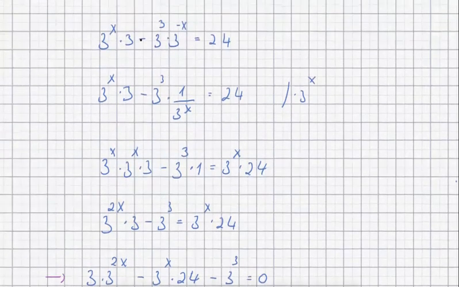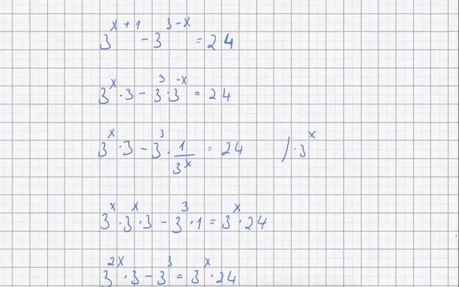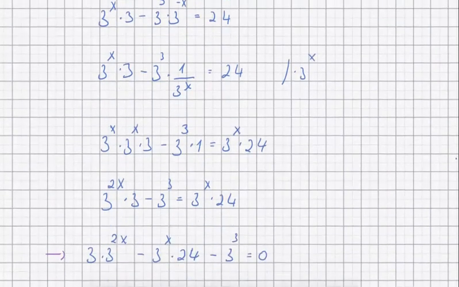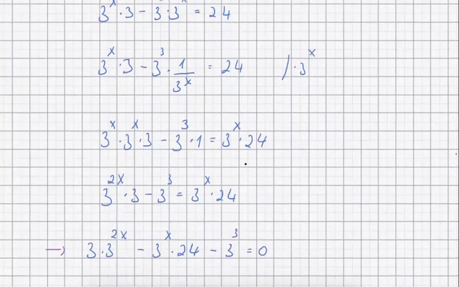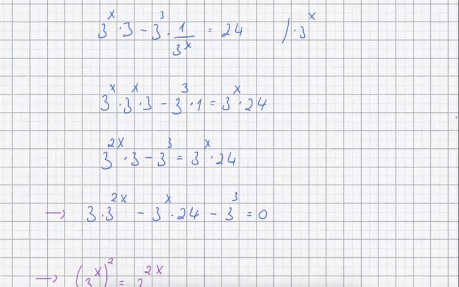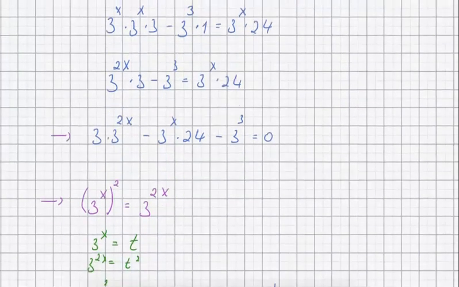We did that. 24. So 3 minus. Okay, that's weird, but we will try.